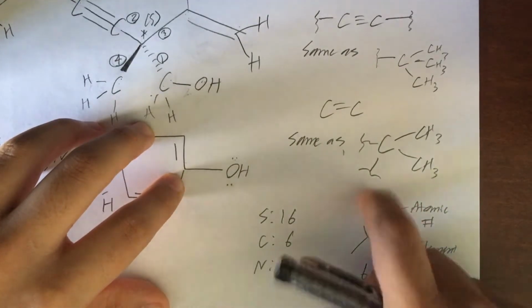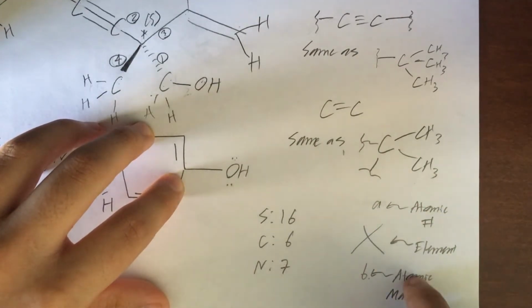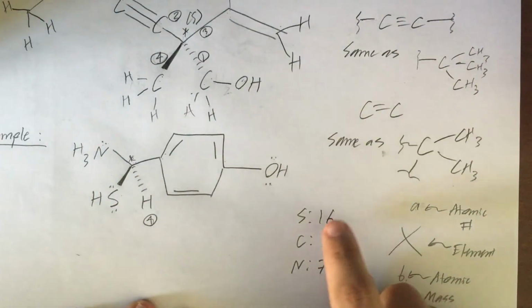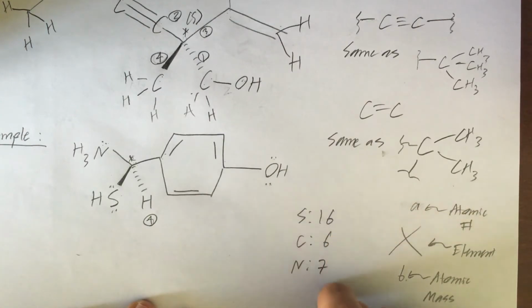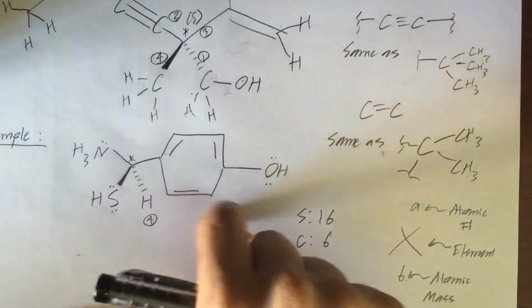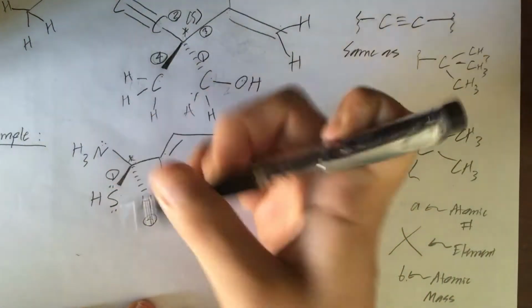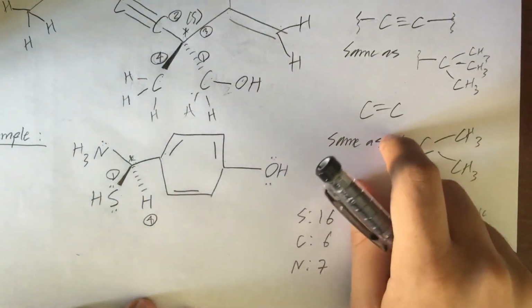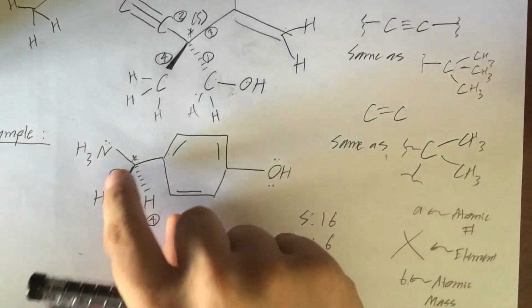That's your atomic number, that's what matters for a given element. So therefore, sulfur, since it has a higher atomic number than carbon and nitrogen, this substituent is going to have a higher priority than these 2 substituents over here, because the higher the atomic number, the higher the priority. So therefore, our thiol group is going to have the highest possible priority of 1.